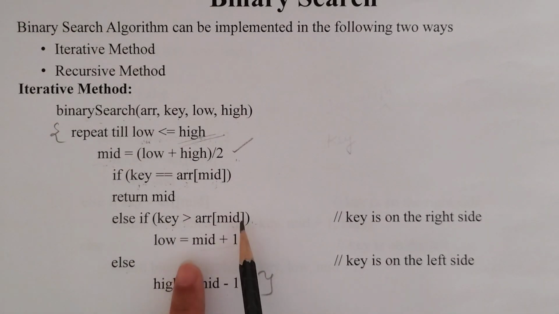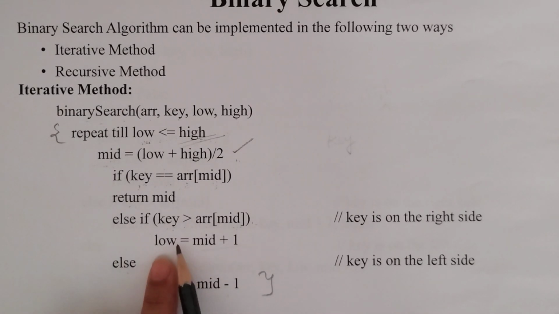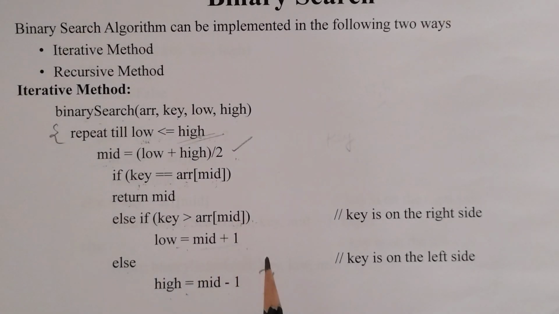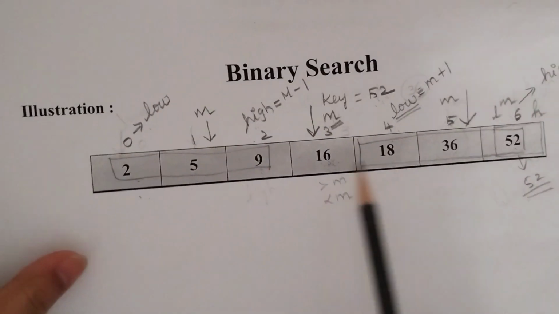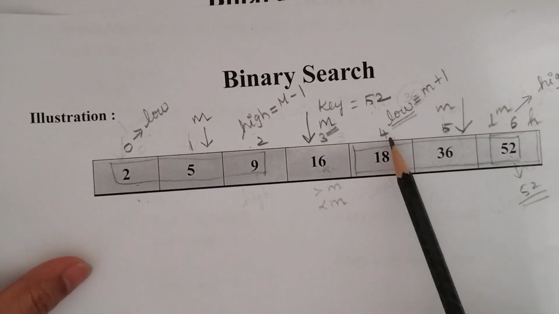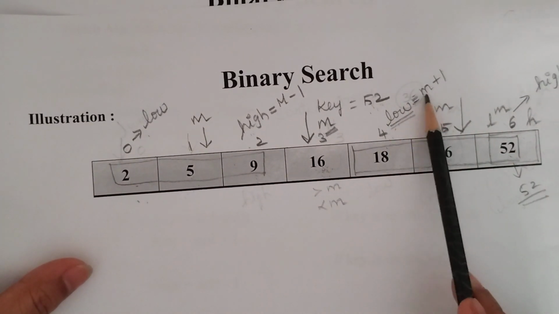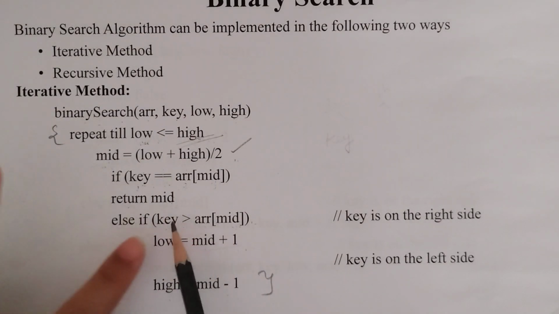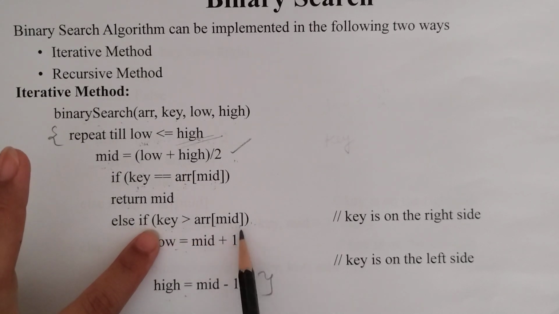The middle value will also get changed, and the low value also gets changed. Now here you can see what I have done, that is I changed the low value to middle plus 1. I already discussed that when you are going to the right hand side, the low value will be changed to middle plus 1. So that is what is given here. So this is for key value greater than middle value.